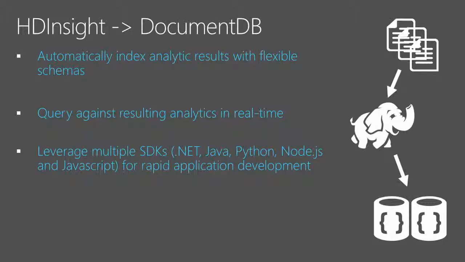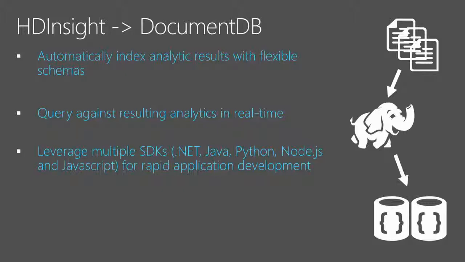You have flexible schemas. Your analytic results will vary depending on what type of job you run on it. The information it carries will differ. You can put that all in DocumentDB, one place, and it'll easily accept it. You get to query against resulting analytics in real time. This is a benefit, right?